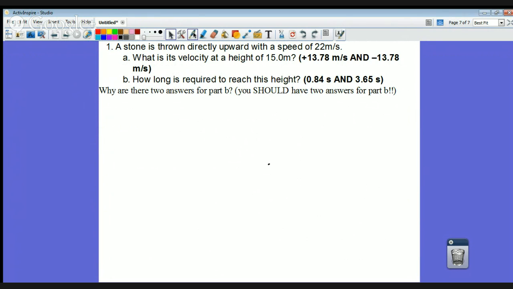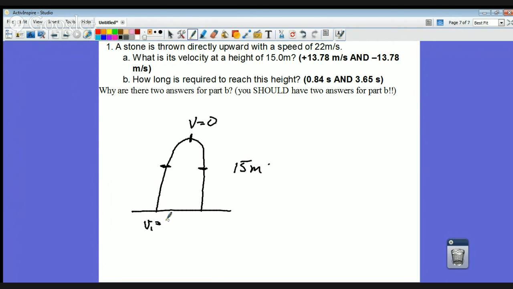You throw the stone directly up at a speed of 22 meters per second. So it's going to go up, hit a peak, and come back down. At the peak, you know the velocity is 0. At 15 meters on the way up and 15 meters on the way down, we're going to be looking at it. So you know the initial velocity is 22 meters per second.